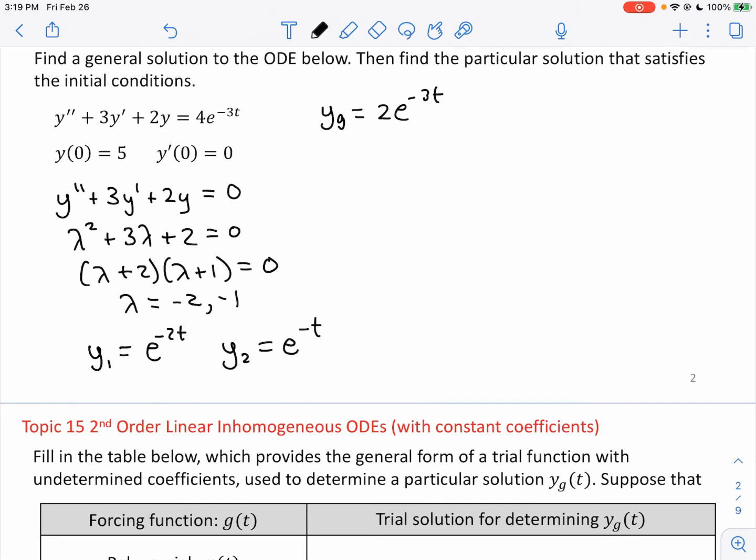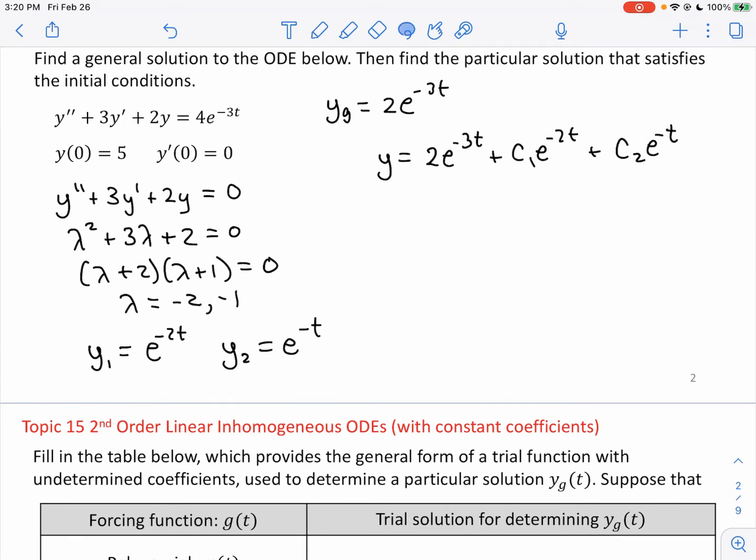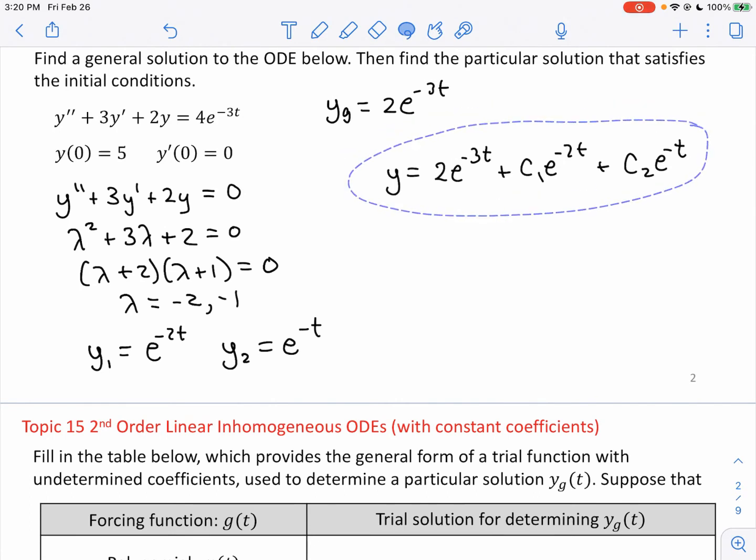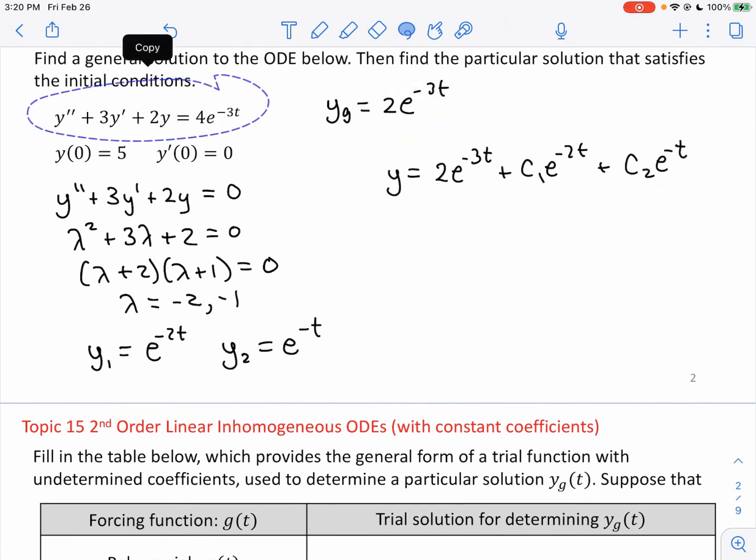So now if I take all three of these, I can construct the general solution. Let's write it right here. The general solution is the particular solution plus some constant times y1 plus some constant times y2. Now what would happen if I plugged this function into this differential equation?